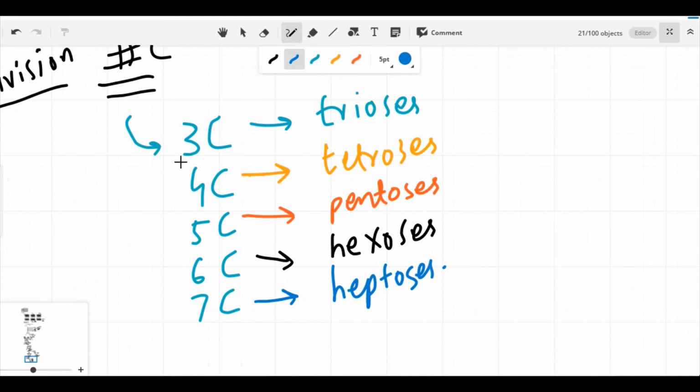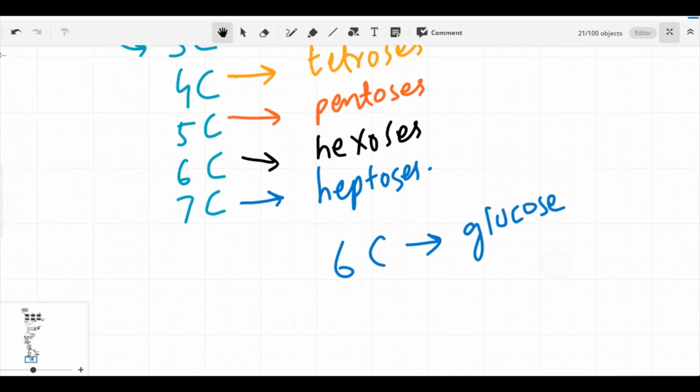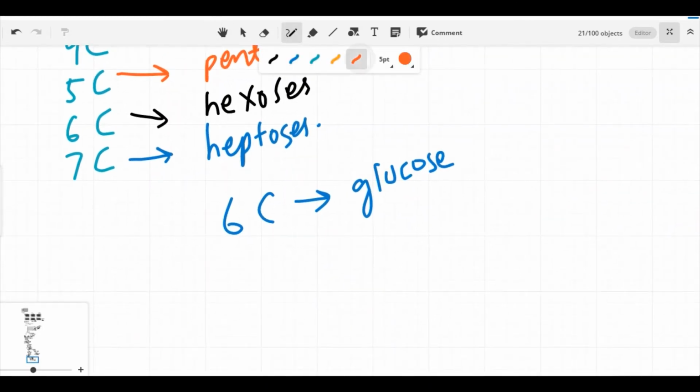Okay, so these terms along with the functional group that we already discussed are used while naming monosaccharides. For example, glucose contains 6 carbons, and we also know that glucose contains the functional group aldose, or aldehyde.